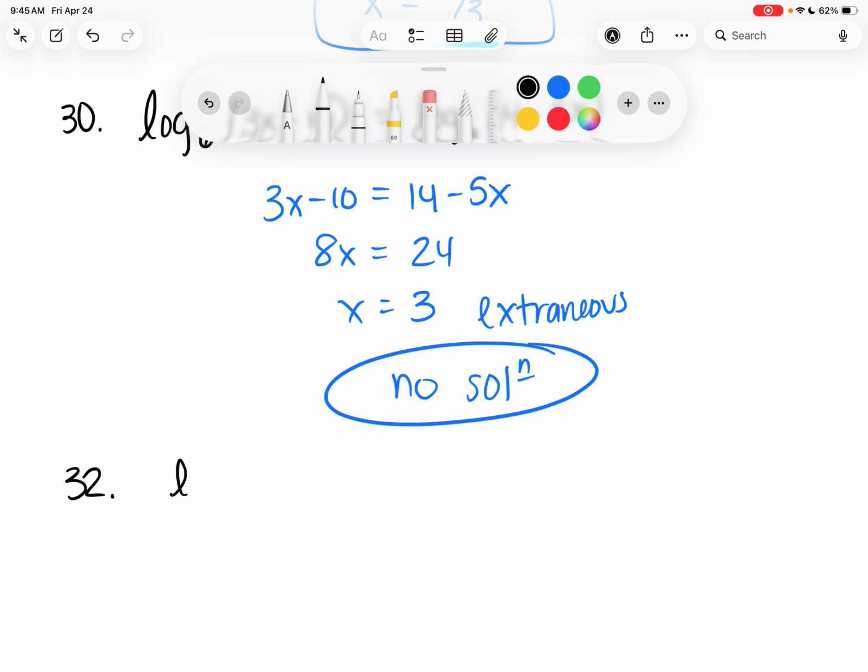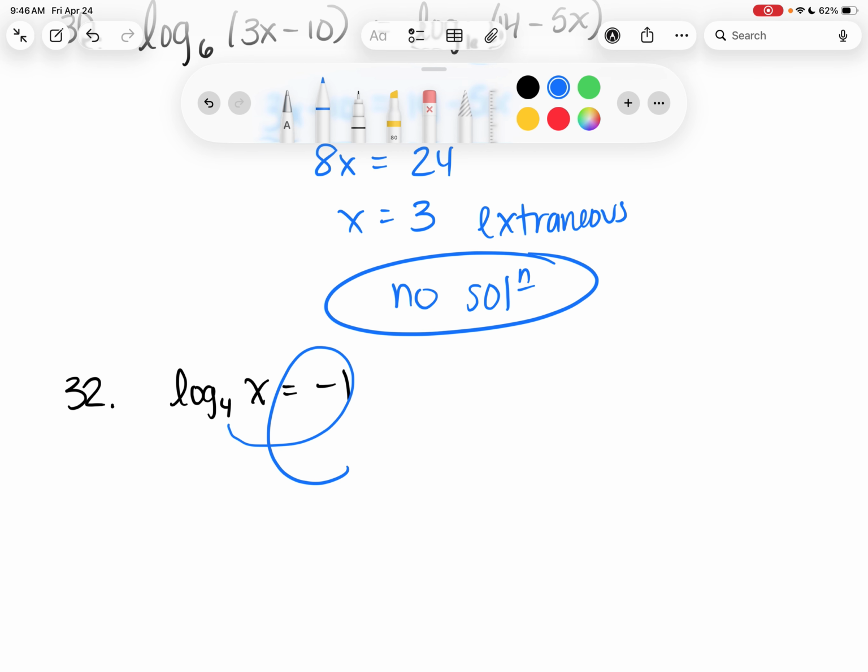Log base 4 of x is equal to negative 1. So I'm solving for x. I have a log. That means I'm going to use an exponential to solve it. We start down here at 4. We loop around and make the E, or the curly Q. So I've got 4 to the negative 1 equals x. So 1/4 equals x.